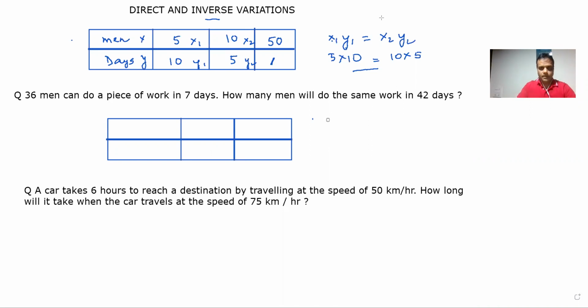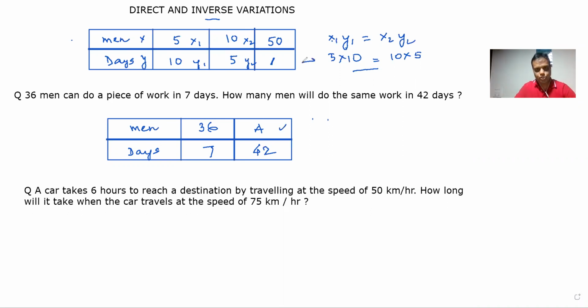Now, 36 men can do. So one variable is men, another is number of days. 36 men can do work in 7 days. How many men? So I have to find this variable. I'm assuming it is A. You can assume as X, whatever. How many men will do the same work in 42 days? We have to find this.